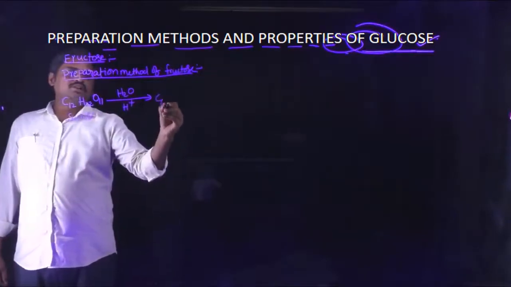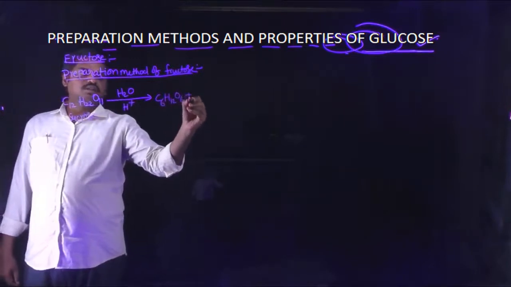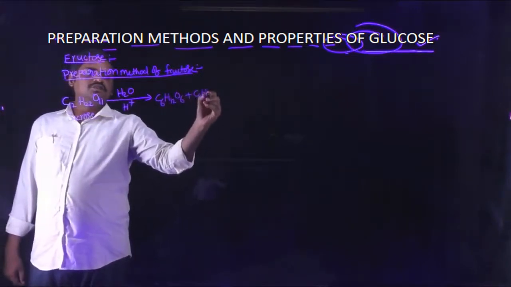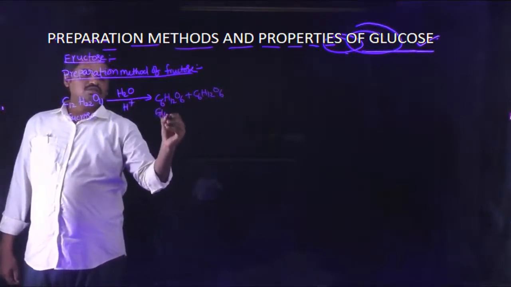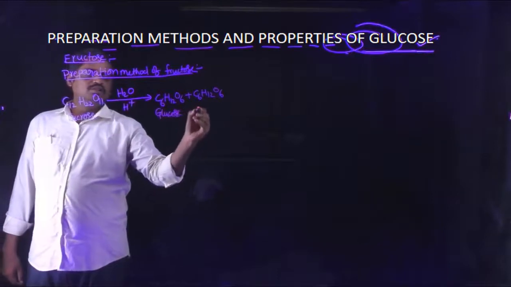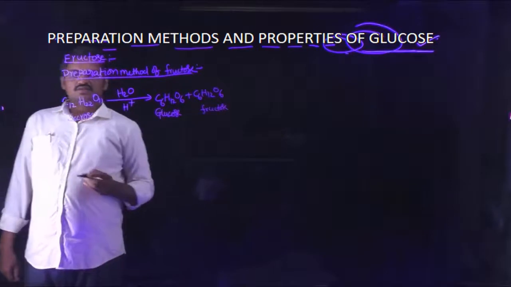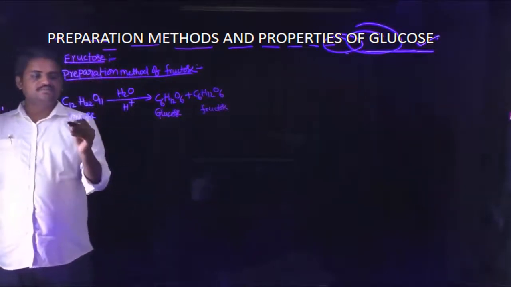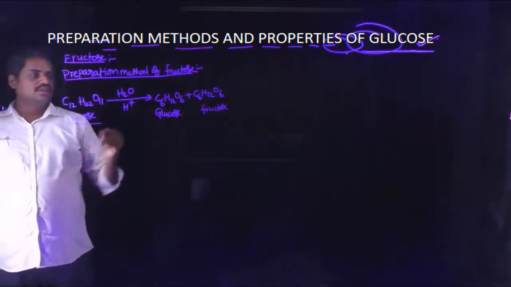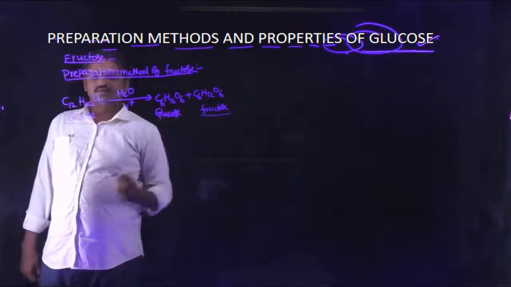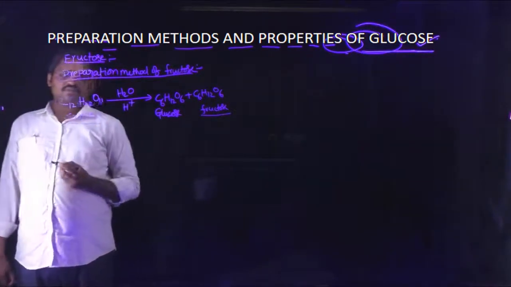It is converted into two units, C6H12O6 plus C6H12O6. One molecule is glucose and the other is fructose. So fructose is prepared from sucrose. On acidic hydrolysis of sucrose, it produces fructose. This is a preparation method for fructose.